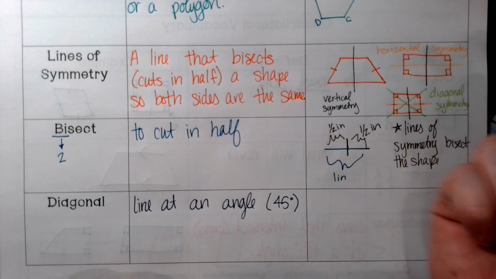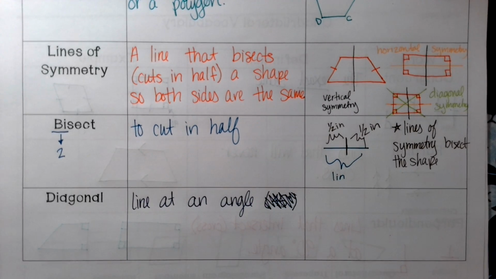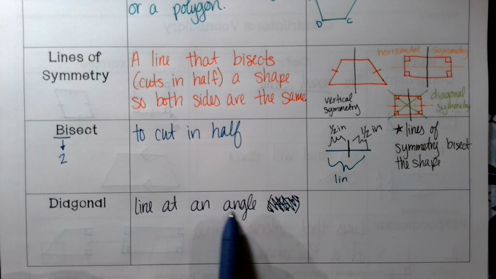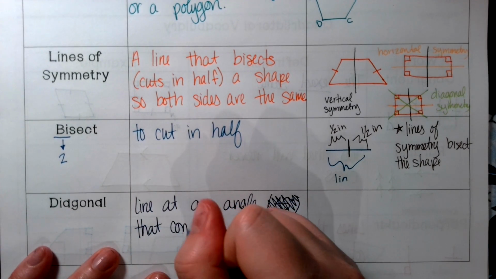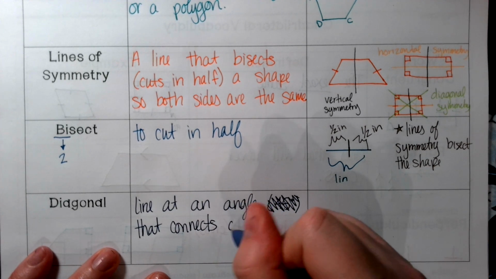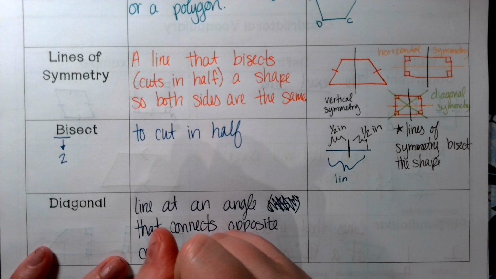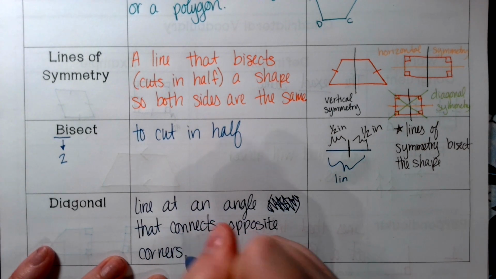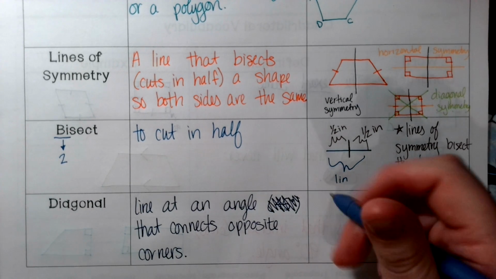The more I think about that, it's not necessarily always at a 45-degree angle. It is if it's a square. We're going to say it's a line at an angle that connects opposite corners. I like that better. A diagonal is a line that's at an angle that connects opposite corners.